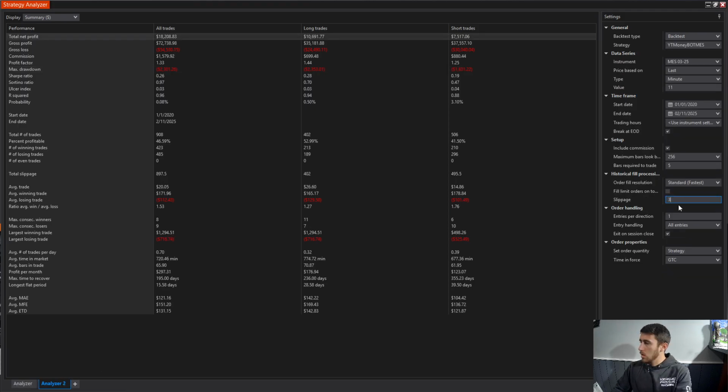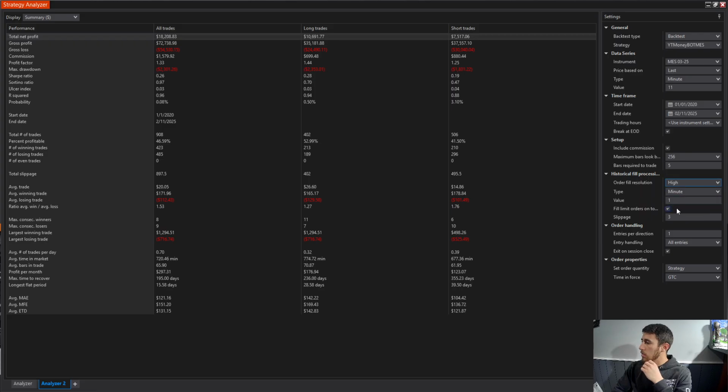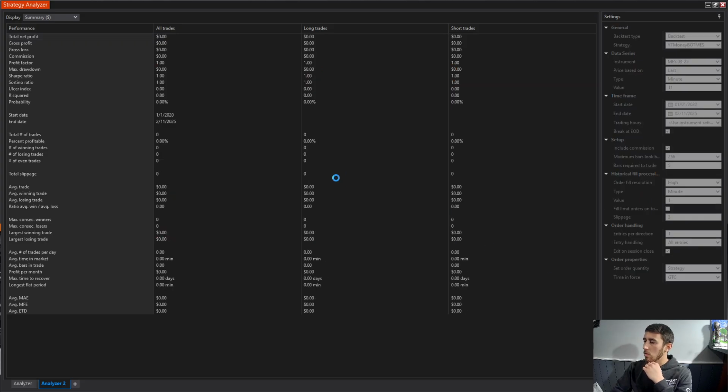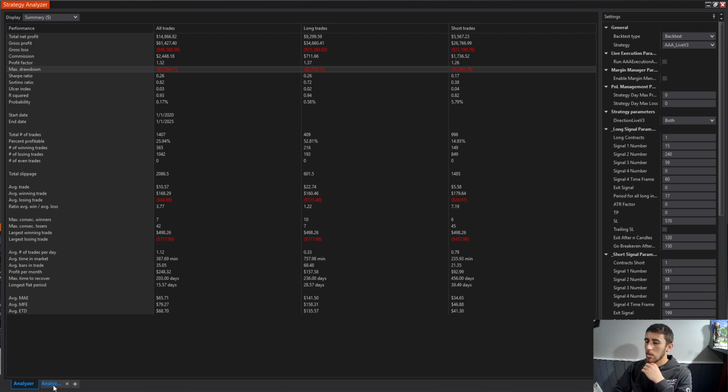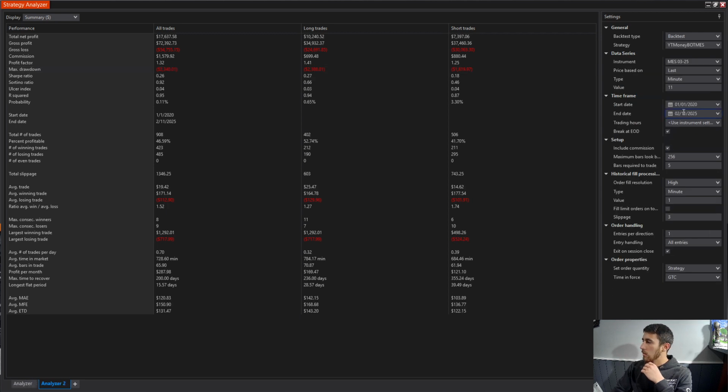So I guess let's put the slippage on and also put it to high order fill resolution. And you can see it's very close. Let's change the dates to match.